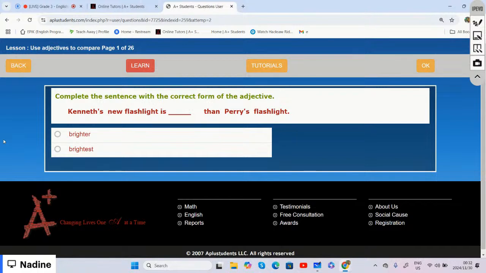We're comparing it to Perry. Which one is correct?